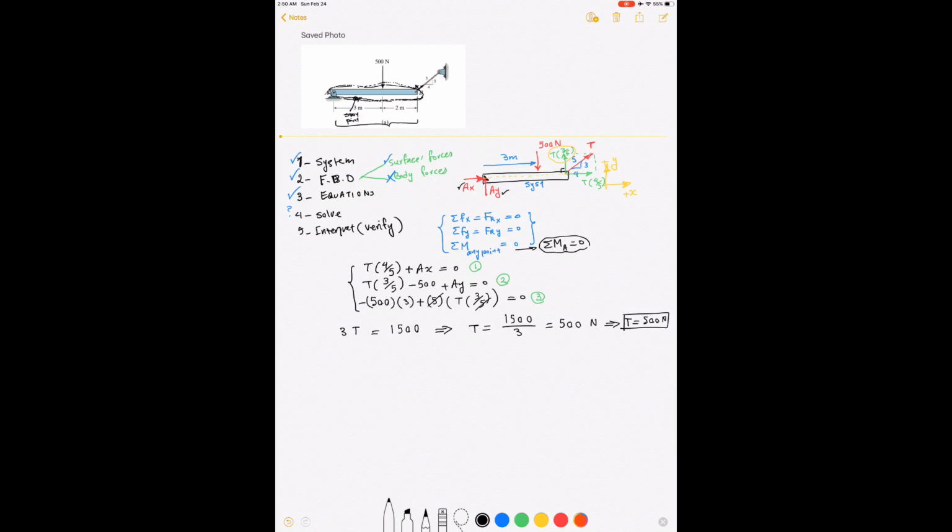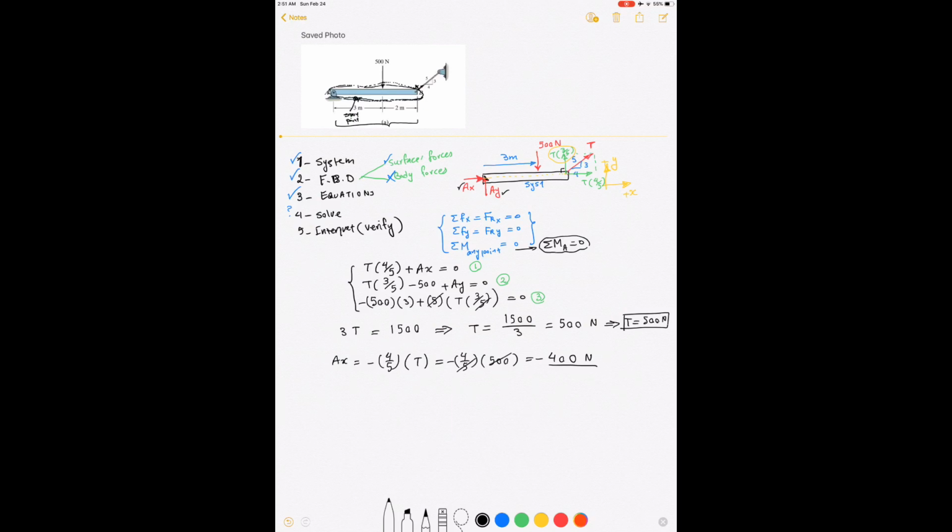Now you can go to either equation 1 or equation 2, right, because you have T. Now let's go to equation 1. I get AX is equal to negative 4/5 times T. Now T is 500, so I get negative 4/5 times 500, and that's going to give me 100 times 4, negative 400 Newtons, right?